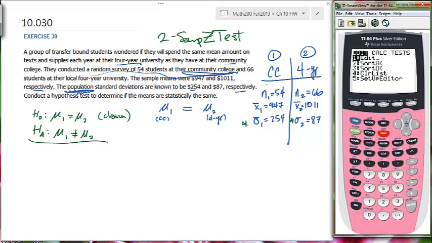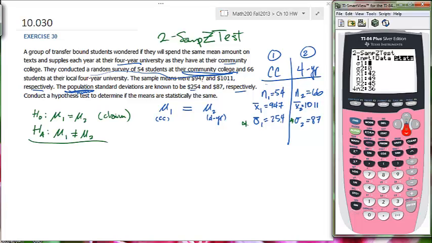On our calculators, let's go to STAT, TESTS, and 2-SampZTest is the third option. We have statistics summarized for us already, so we'll go ahead and hit down.